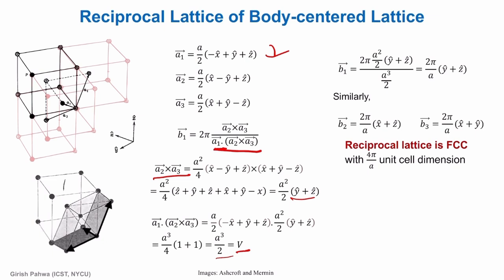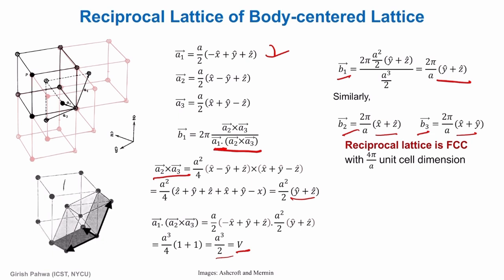Now, interestingly, this b1, b2 and b3, look at these primitive vectors. Do they look familiar? So y cap plus z cap, right? It's like the center of a face. Yes. X cap plus z cap, center of a face.